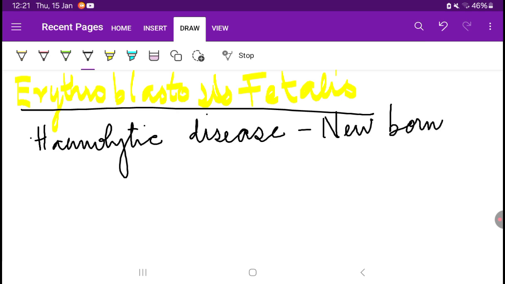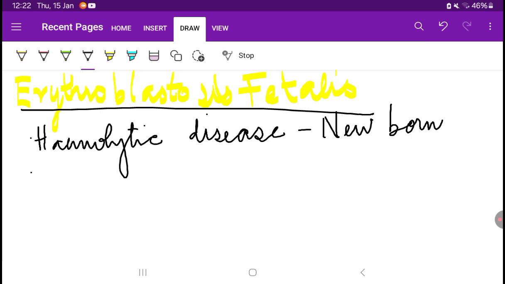So its definition is, it is a condition in which fetal red blood cells are destroyed by maternal antibodies, leading to anemia, jaundice, and sometimes death of the fetus or newborn. So what is it?